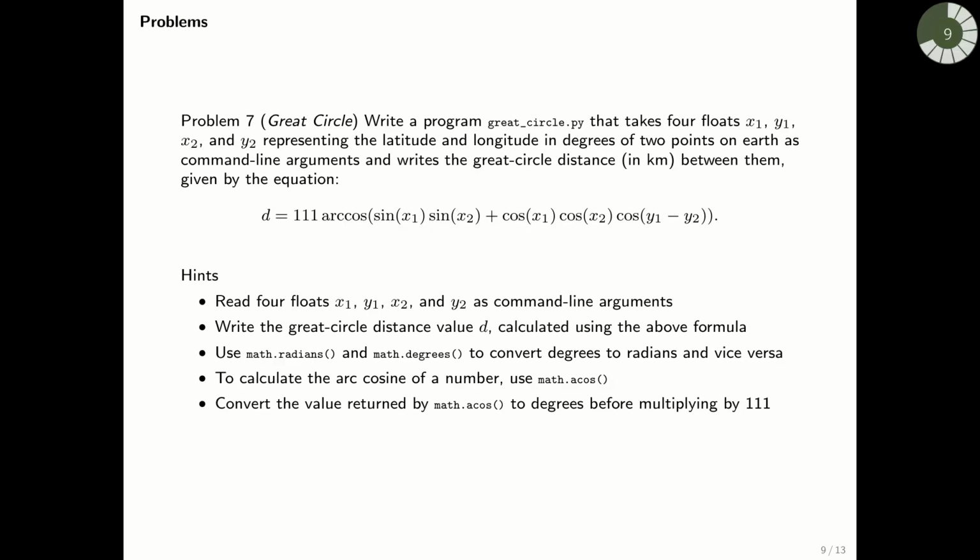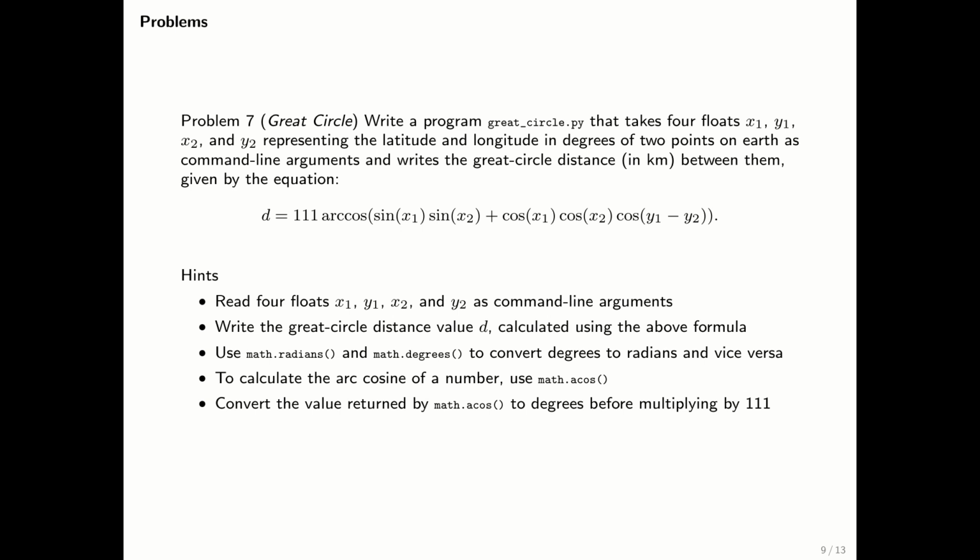The next problem is called great circle. Here you're supposed to write a program greatcircle.py that takes four command line arguments, x1, y1, x2, and y2 as floats, and these command line arguments represent the latitude and longitude in degrees of 2 points on Earth, right?